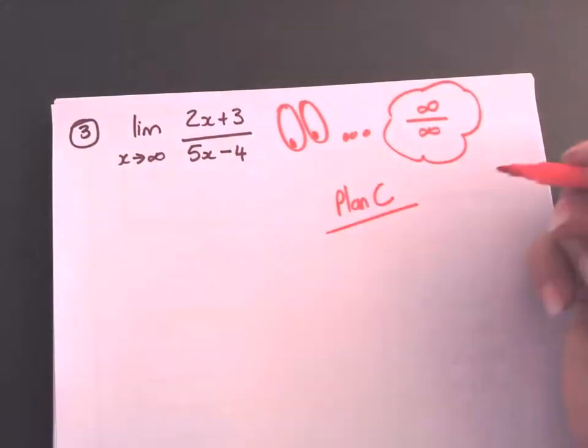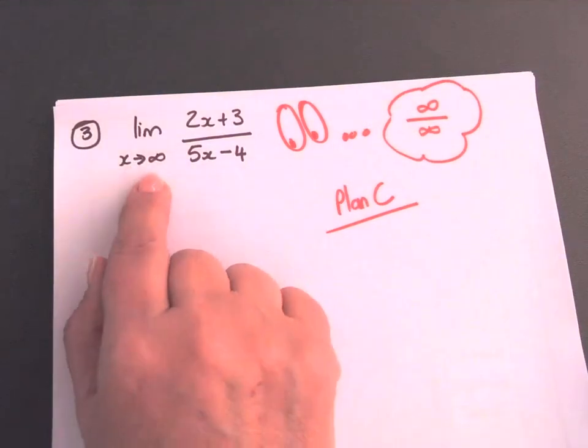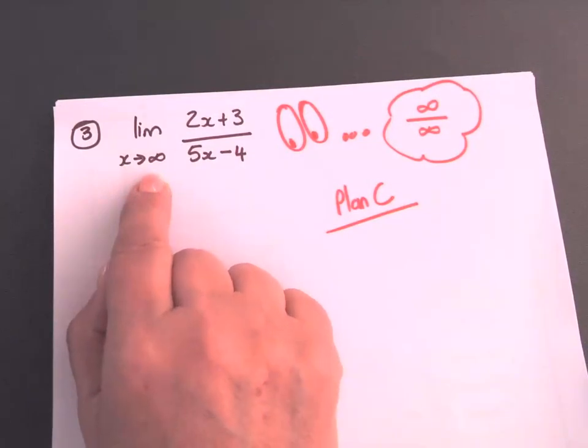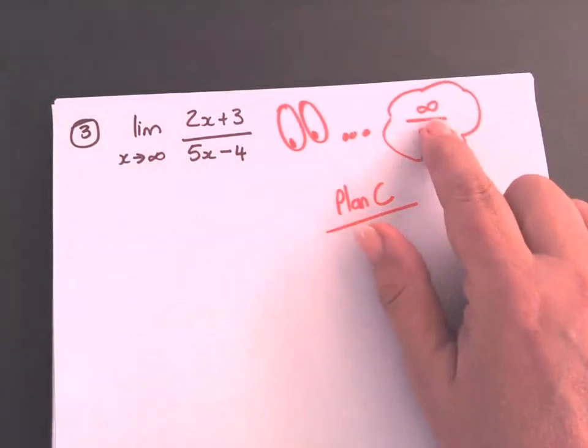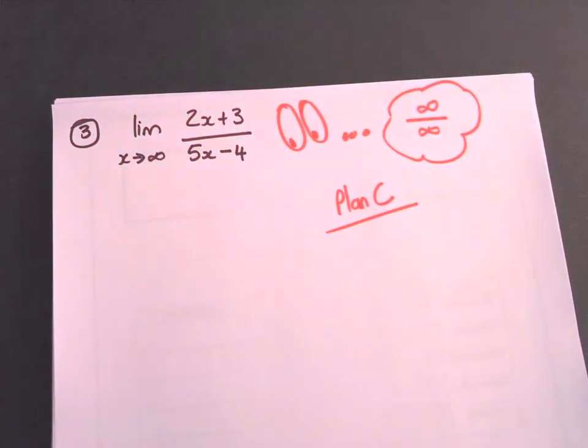So now we do plan C. We already used plan B. Plan C says, if you have a limit where x tends to infinity, and you see that you're going to get infinity over infinity, you take the variable.